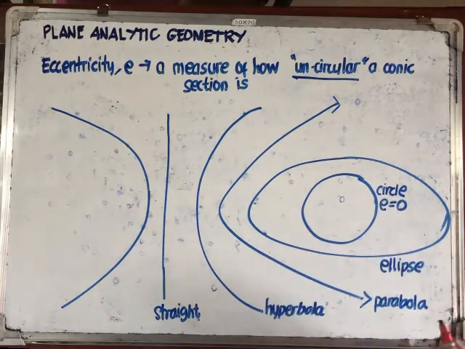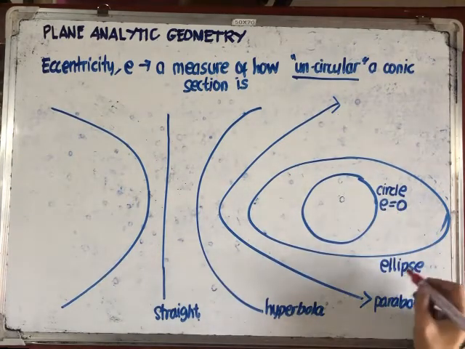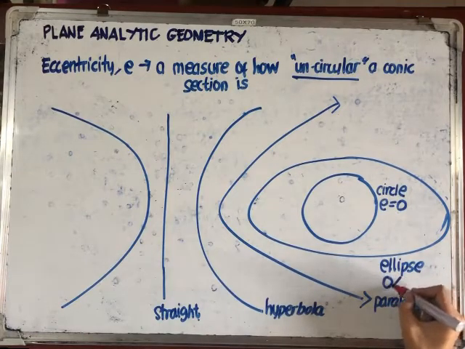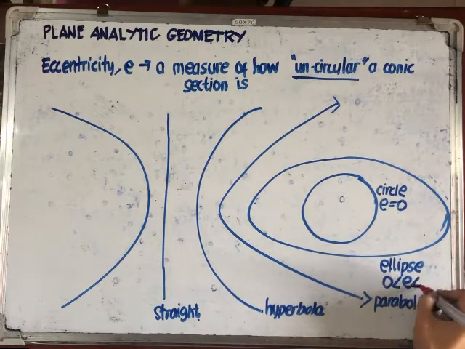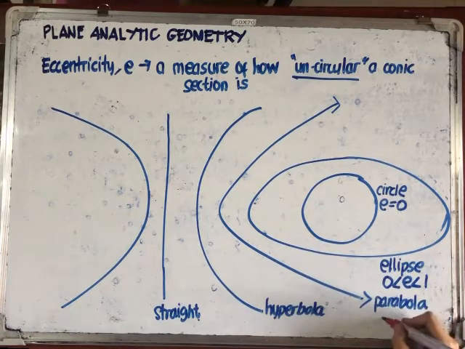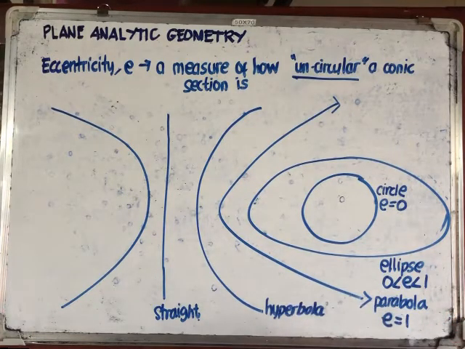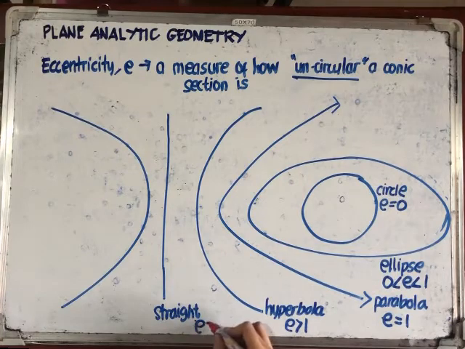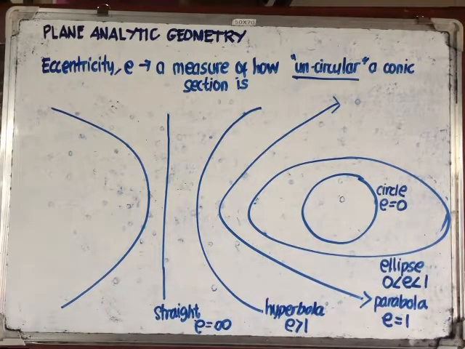So, ang eccentricity niya is 0. For ellipse naman, ang eccentricity niya is between 0 to 1. For parabola, eccentricity is exactly equal to 1. And for hyperbola, eccentricity is greater than 1. For straight line, eccentricity natin is infinite. This is very far from being circle. So, that is very uncircular. E is equal to infinity.